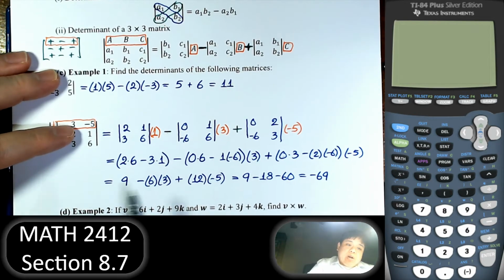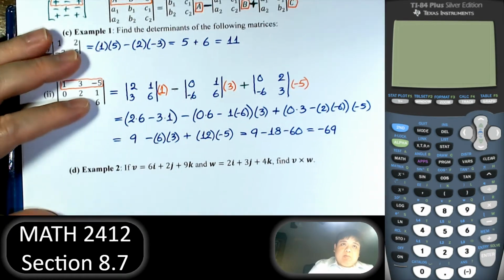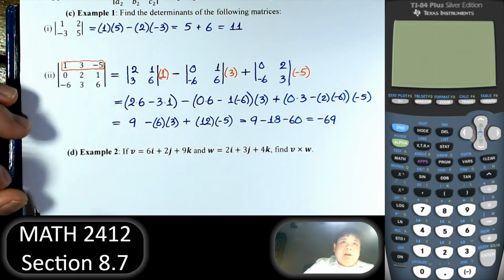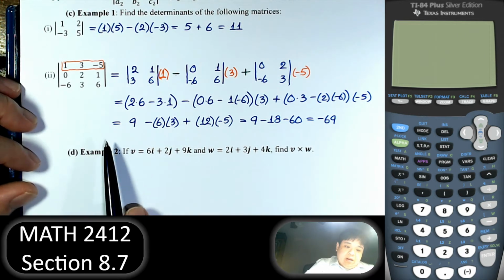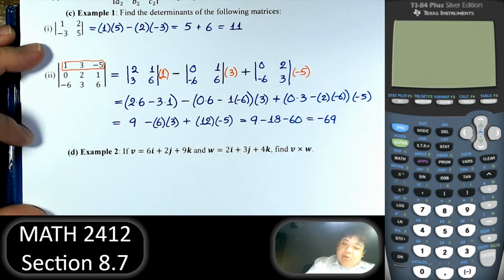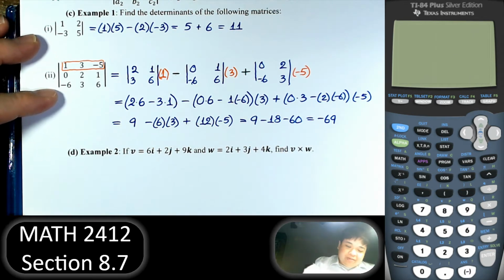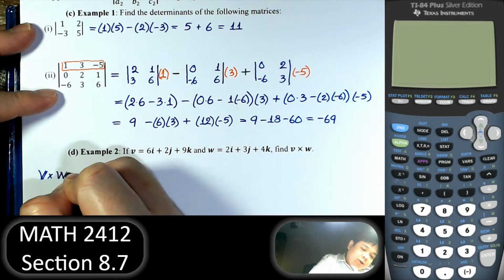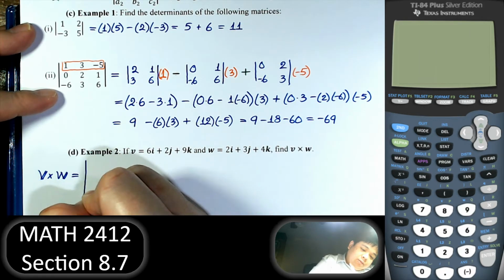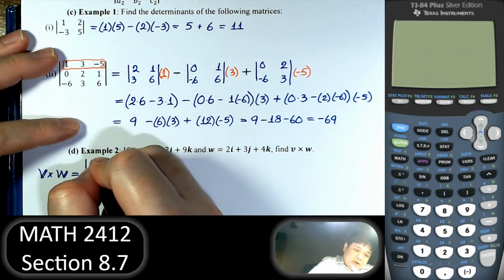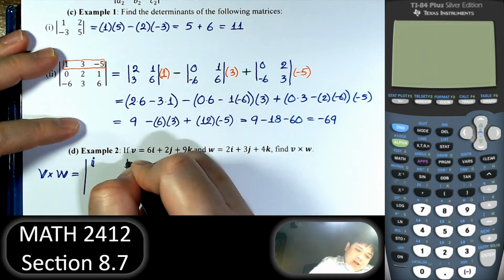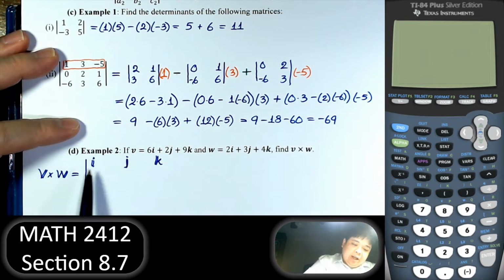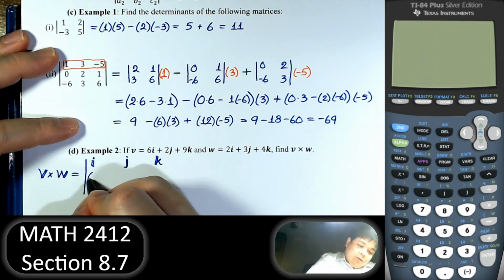Once we write it like that, the cross product of V and W will be the determinant of, I will write that. It's easier to write than to describe. So vector V cross vector W will be the determinant. We have I, J, K on the first row. V will be on the second row.